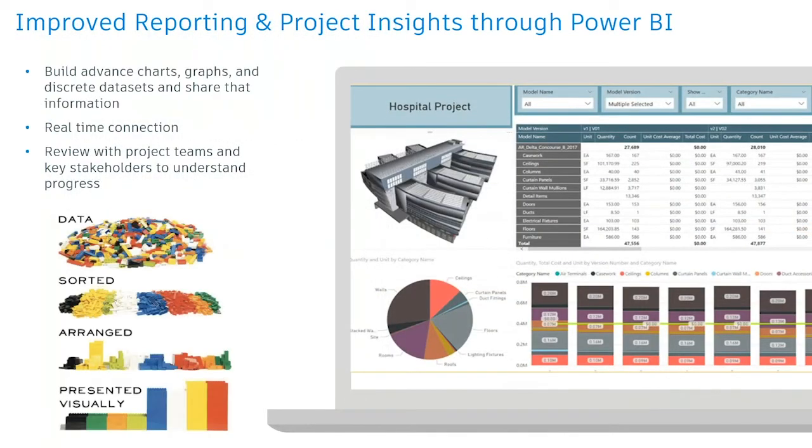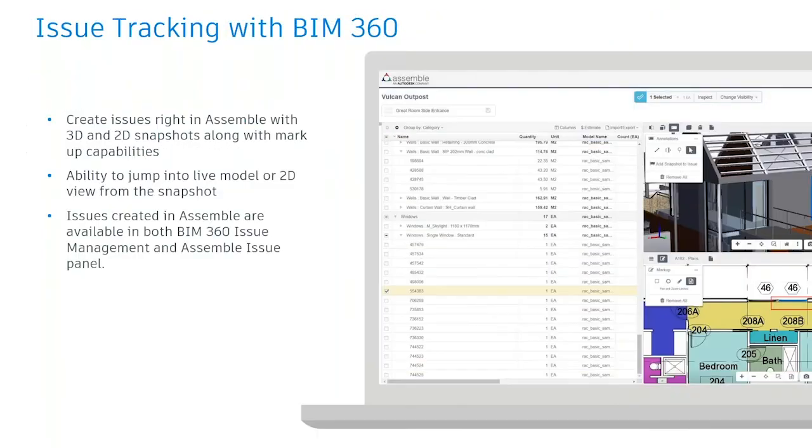So Power BI is another big piece here, but actually before we go into Power BI, quickly touching on some future states of BIM 360. But the biggest thing for our customers now is how do we continue to persist data from one place to another? We're now doing a push to get information into BIM 360. Why doesn't that happen automatically as we go to Assemble? And that is something that we're definitely working on today.